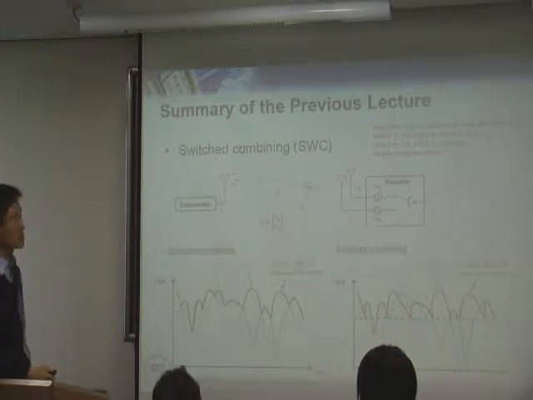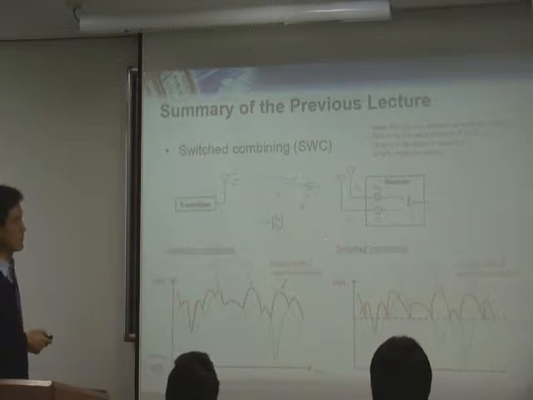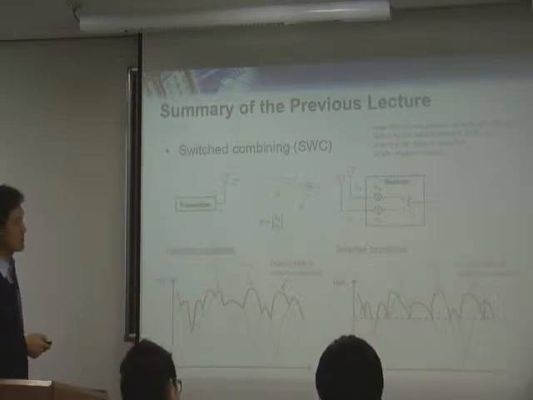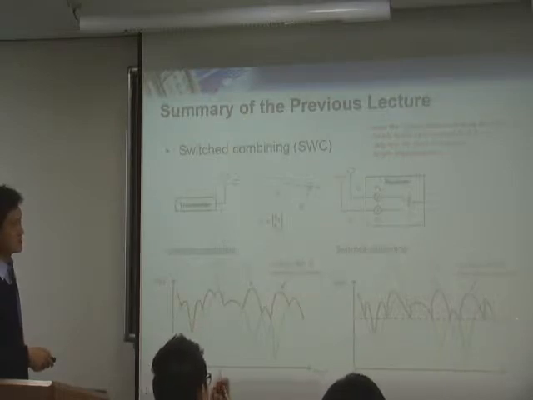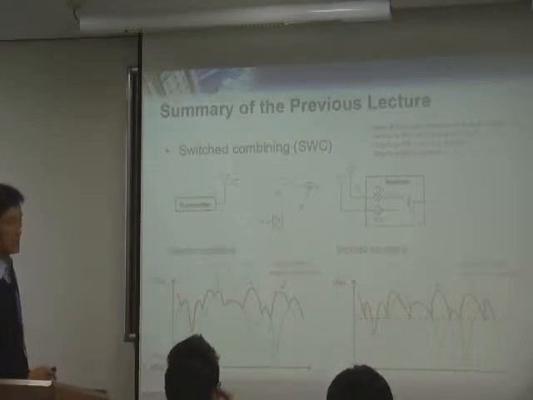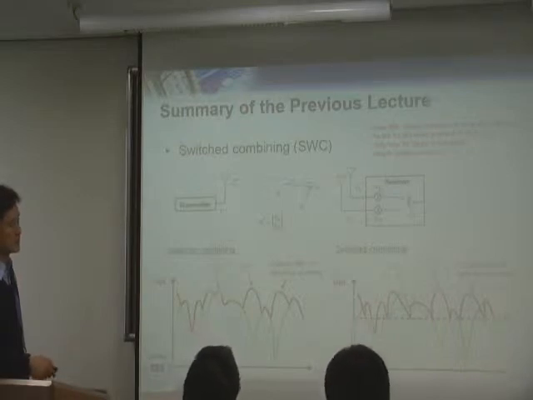We also talked about switched combining. This is another way to do it. The motivation of switched combining is that we set a certain threshold, called gamma t. Gamma t is a certain SNR that I think is reasonable, a value that gives us reasonable performance.